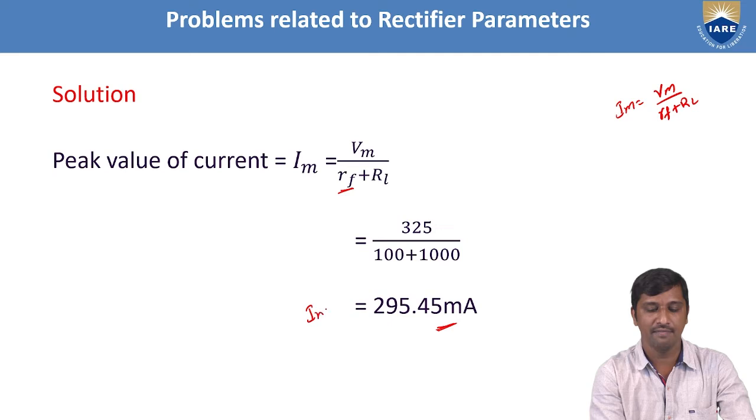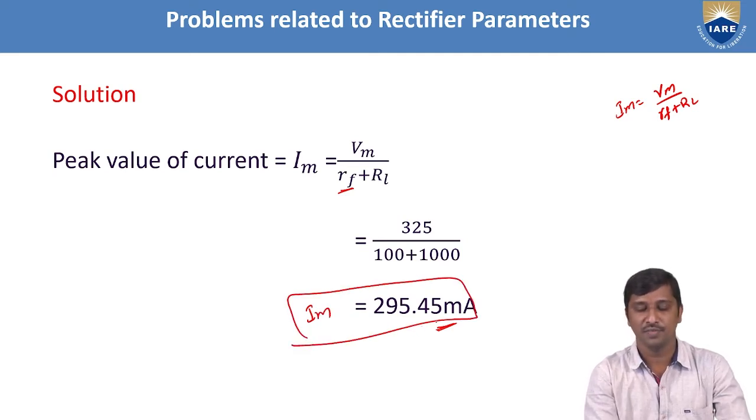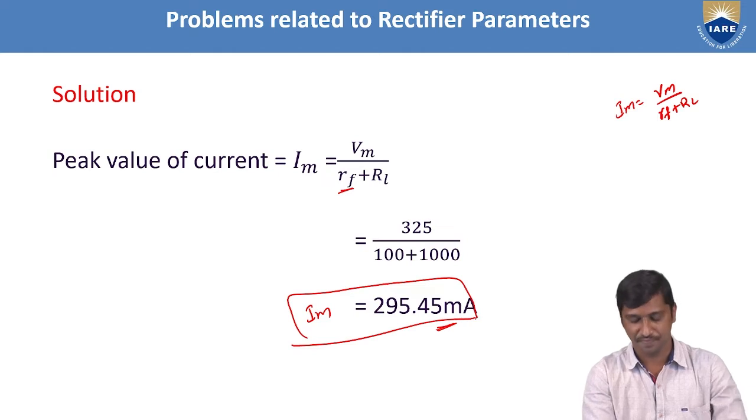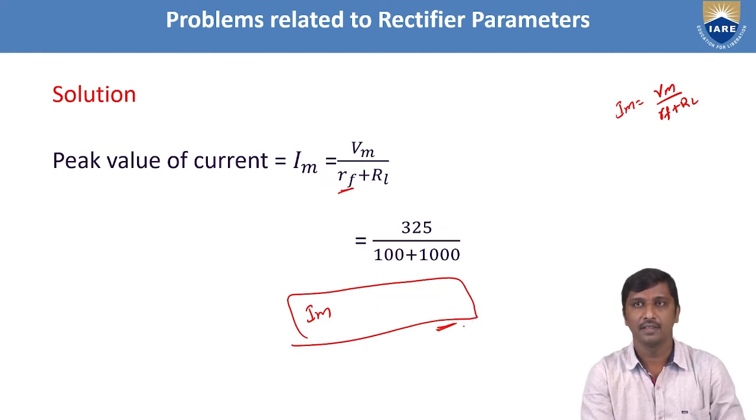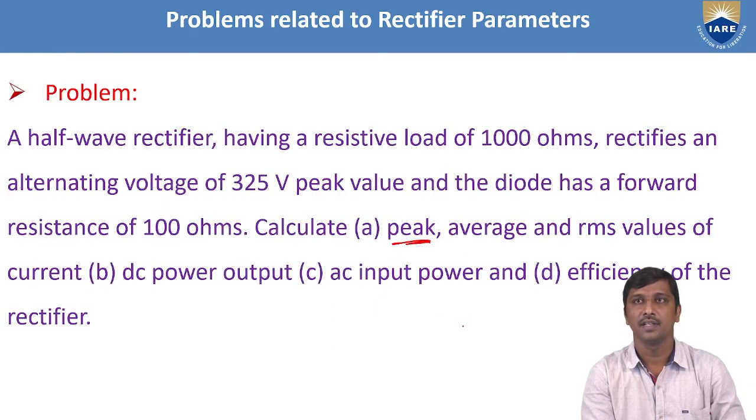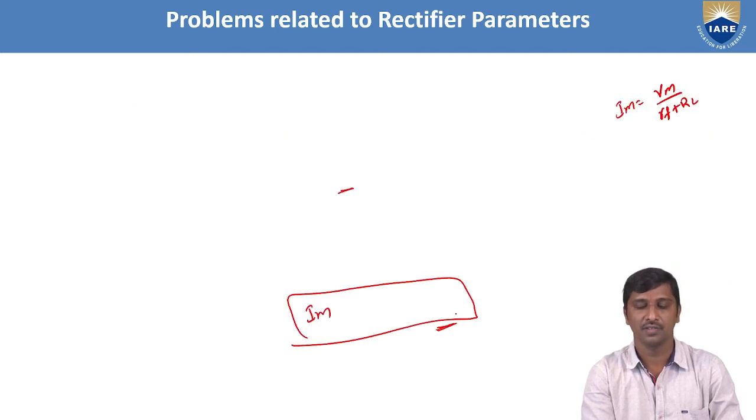So this is the peak current, IM, 295.45 milliamps. Now we need to calculate the average current, which means the DC current.